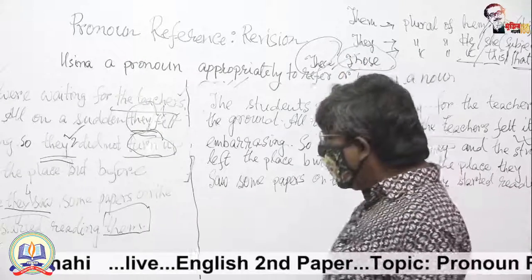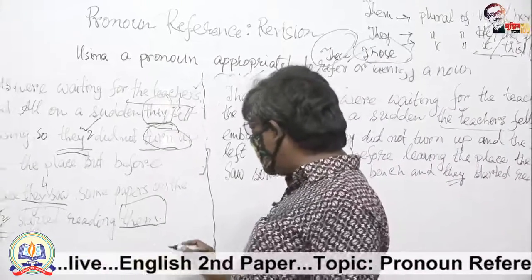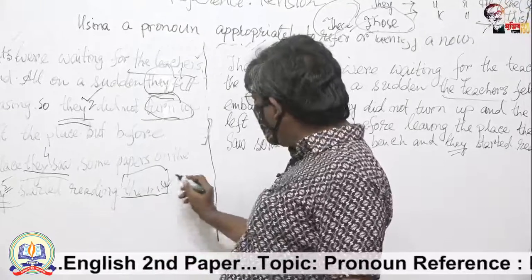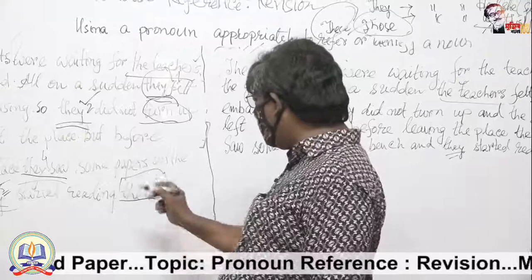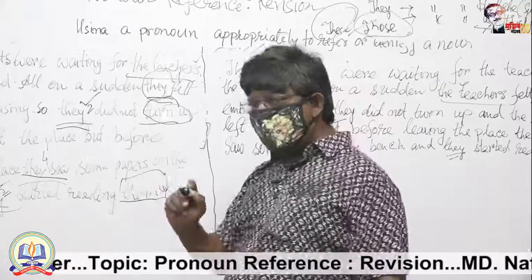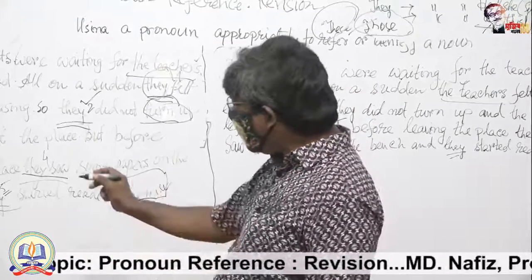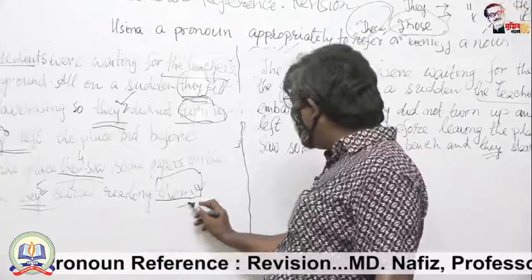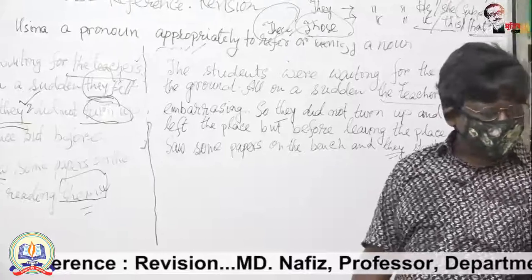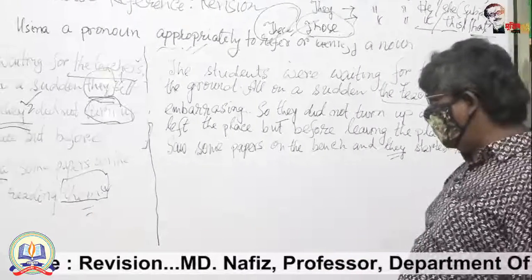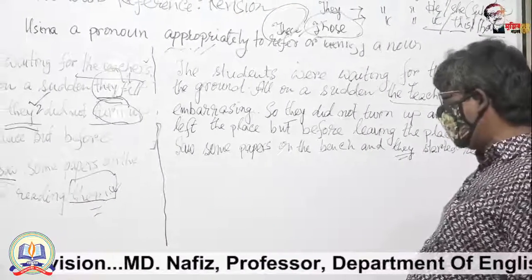So, what did the students start reading? The students started reading some papers. Some papers means those papers they got on the bench. Therefore, you should not write them. The use of them in this context is wrong.